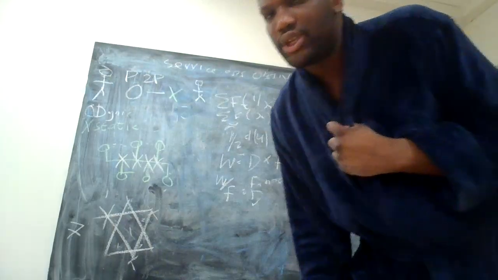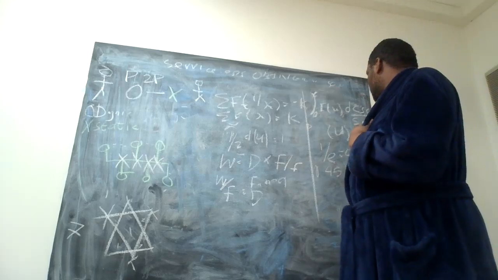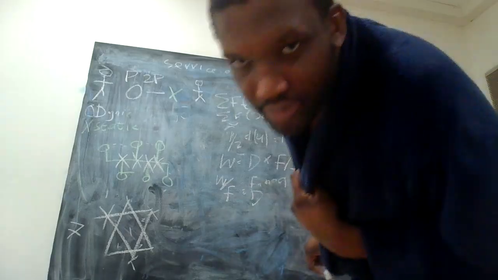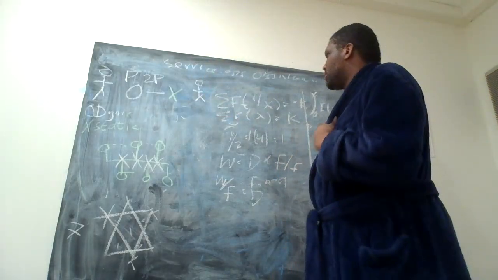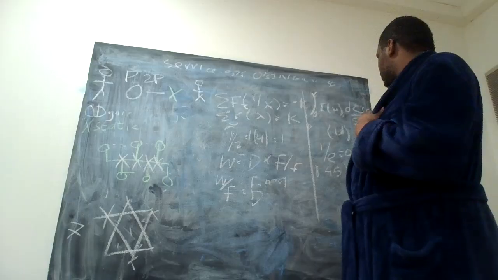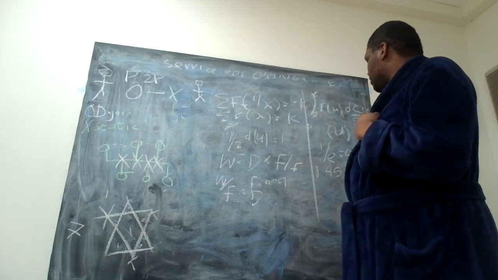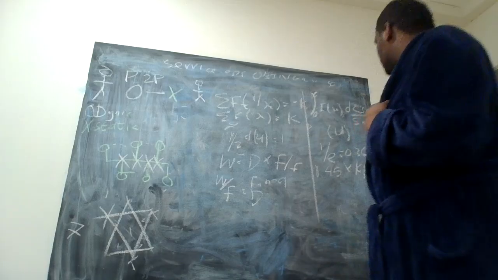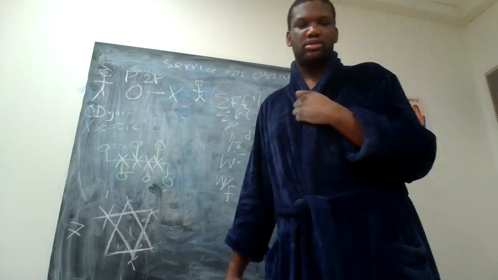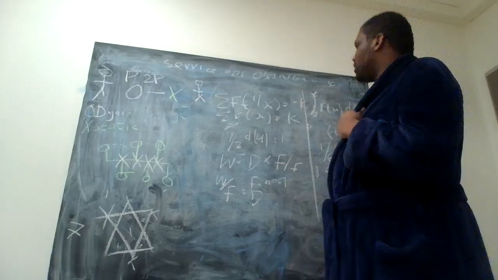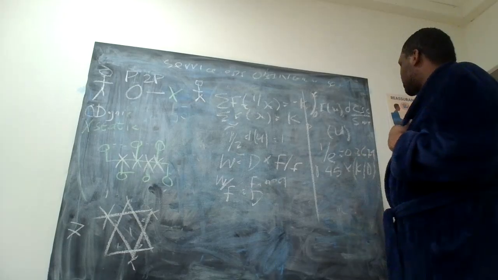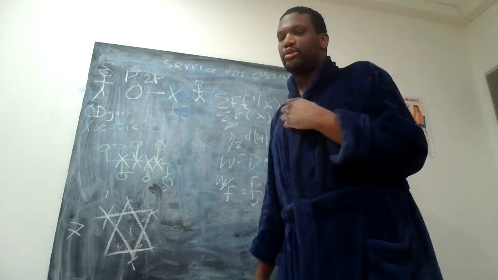So you get one over e times k, multiplied by x times k. 0.3679 times 45 degrees.